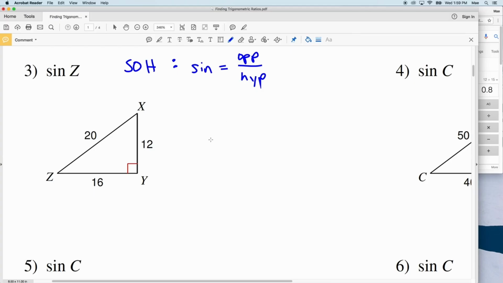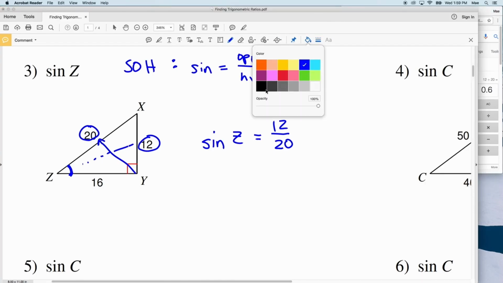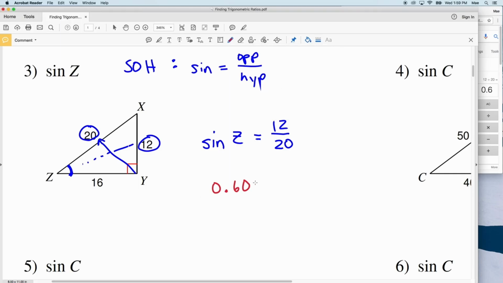So we're looking at the sine of Z. So our angle that we're looking at is Z. And we're going to do opposite, which is 12, over the hypotenuse, which we know the hypotenuse is always across from the right angle, so that's 20. 12 divided by 20 is going to give us 0.6, and remember we have to do that to the 10,000th place. So 0.6000 is the answer for number 3.